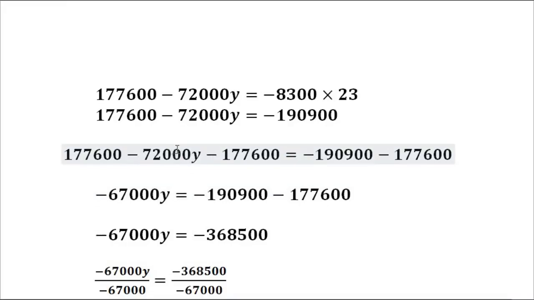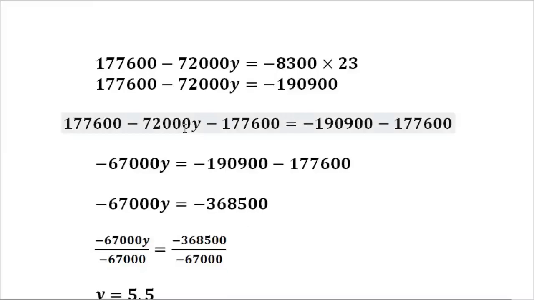Next, we are solving this equation for the variable y. So, I'm going to subtract 177,600 from both sides in order to eliminate positive 177,600 from the left side.